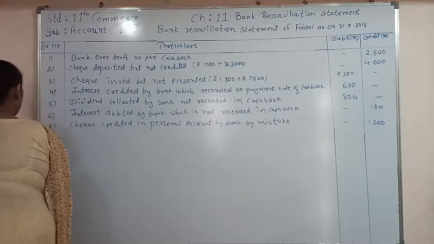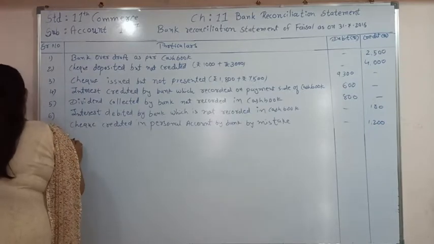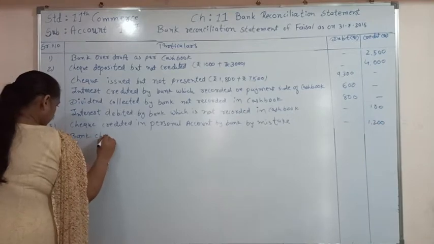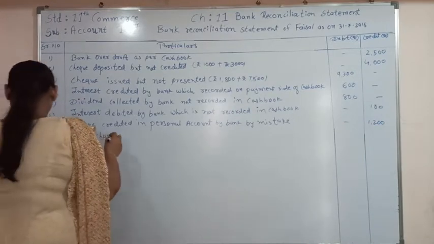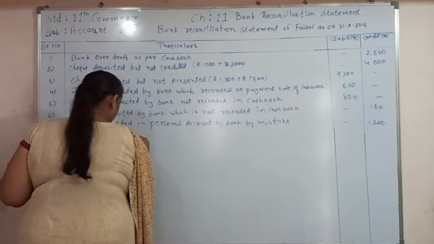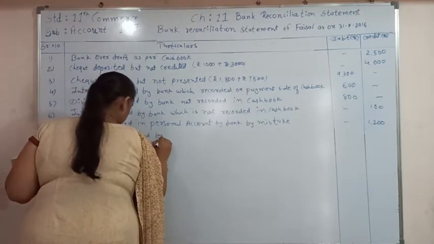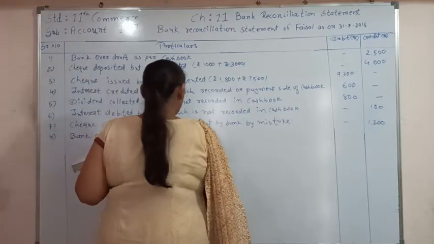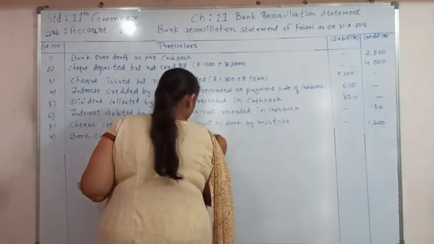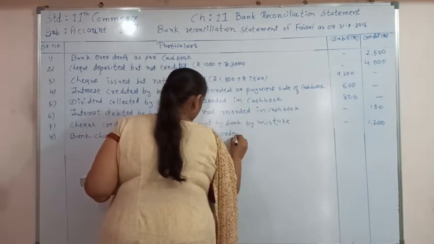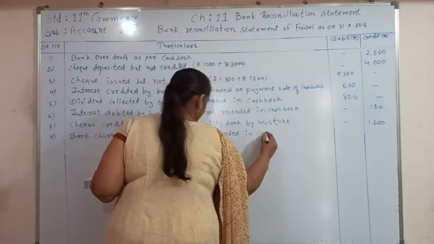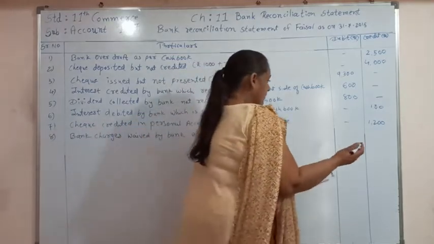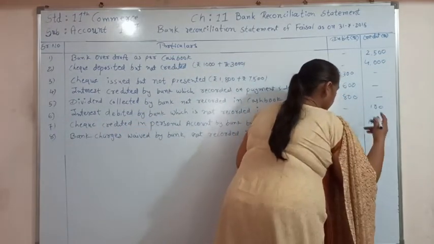Number 8, bank charges waived by bank not recorded in the cash book. So here that will be 120.